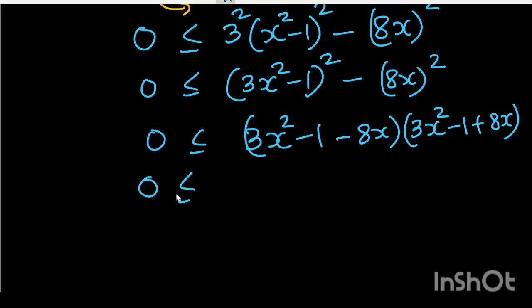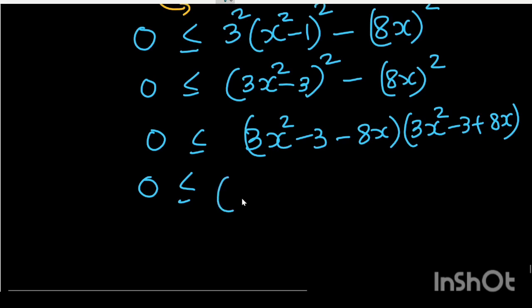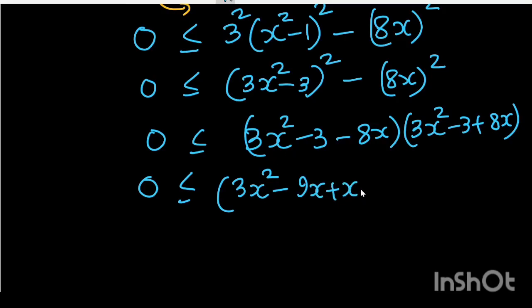So guys, 3x square minus 3 minus 8x. So 3x square, minus 8x can be written as minus 9x plus x, minus 3. So minus 8x we wrote as minus 9x plus x.